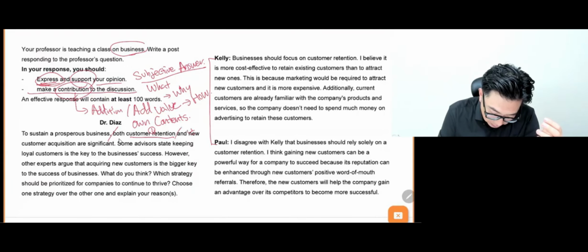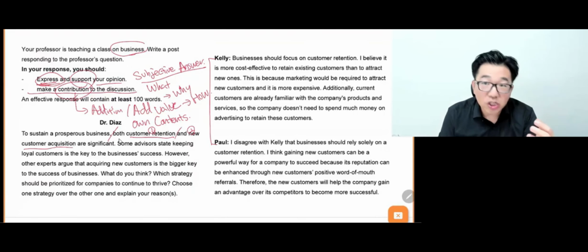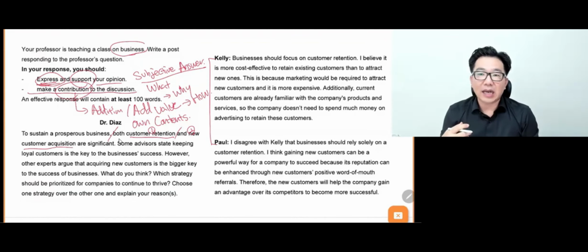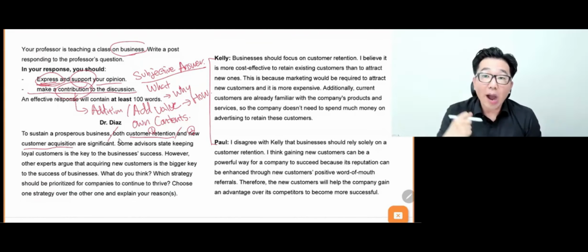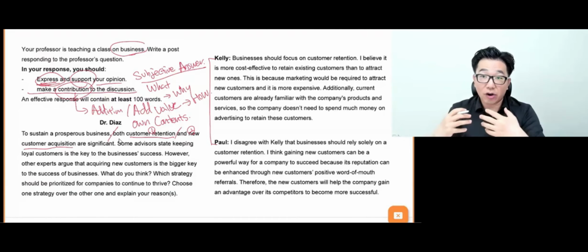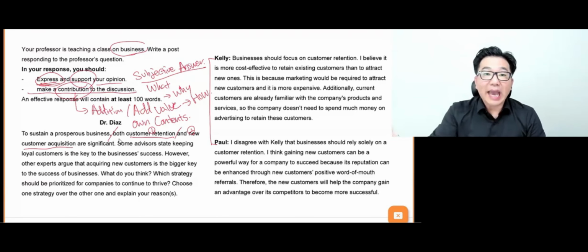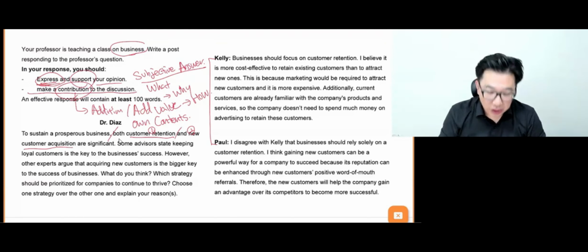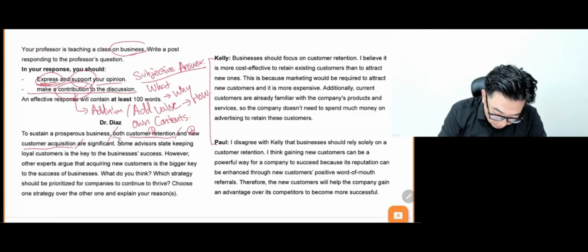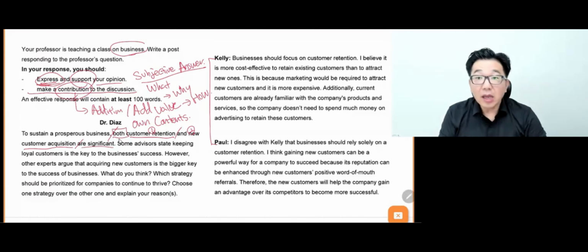And new customer acquisition. Acquisition means attaining, acquiring, getting, buying. That's acquire, get, all right? Attain or buy. So getting new customers are both significant, okay?